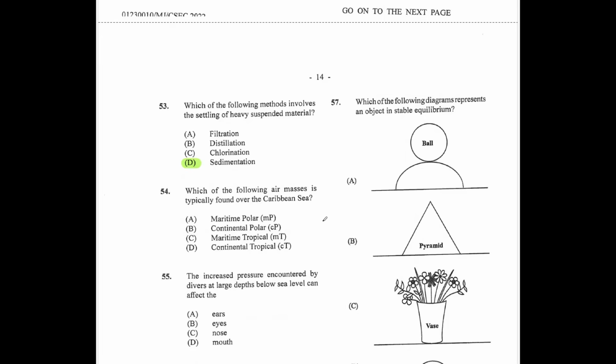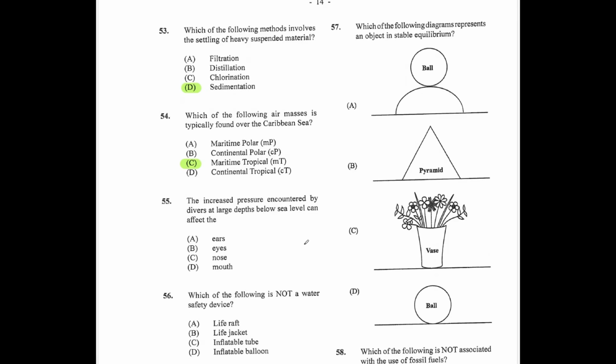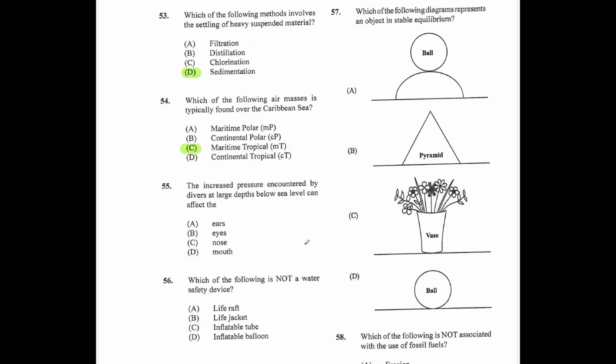54. Which of the following air masses is typically found over the Caribbean Sea? That will be mT, maritime tropical. It's really awesome. It's really easier to learn this via the letters. Yeah. So just know the Caribbean is mT. Question 55.